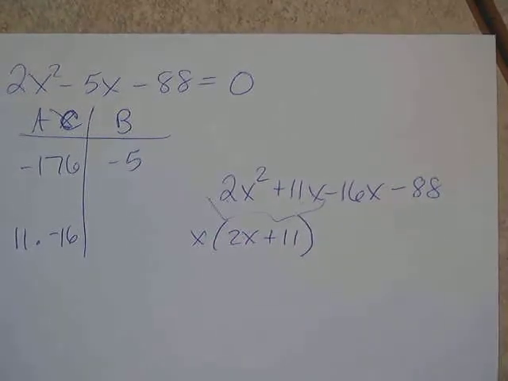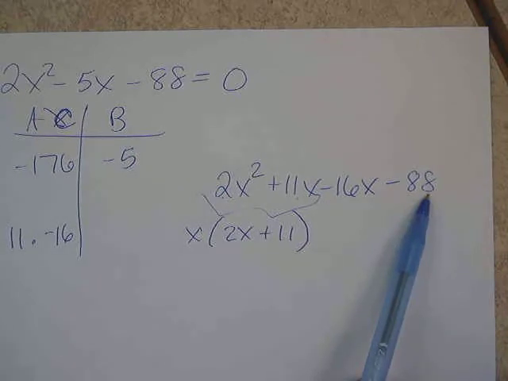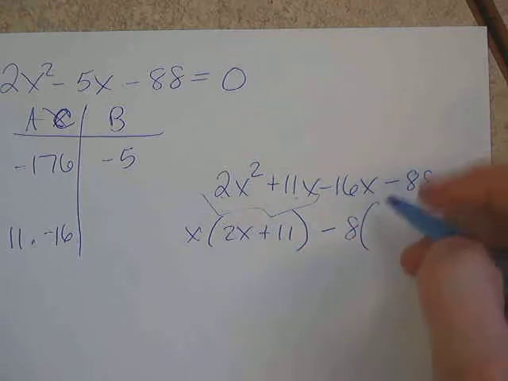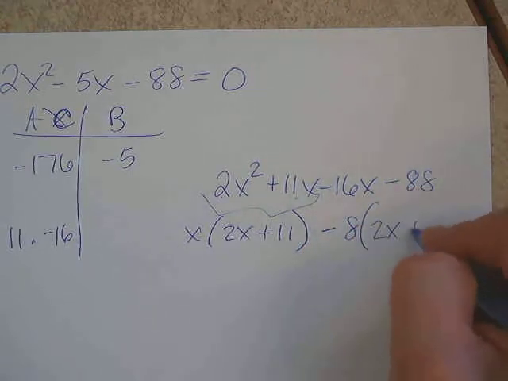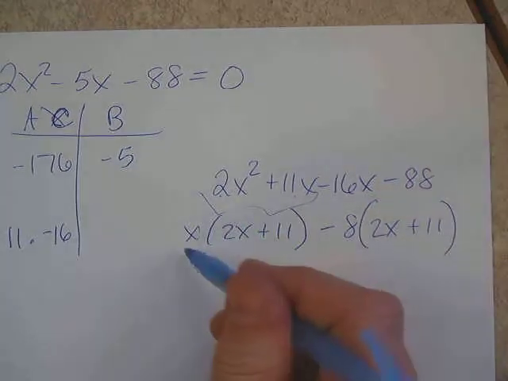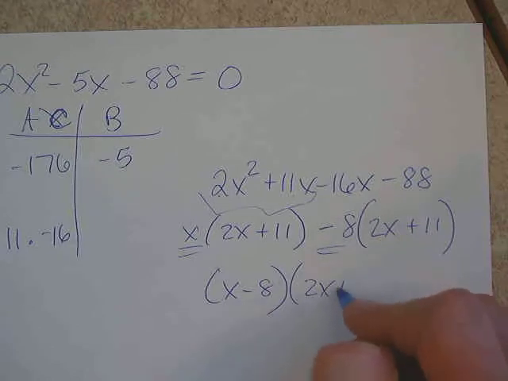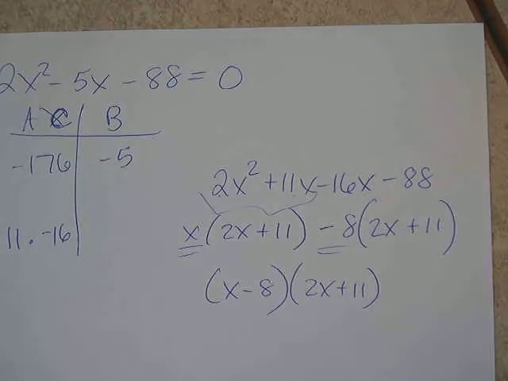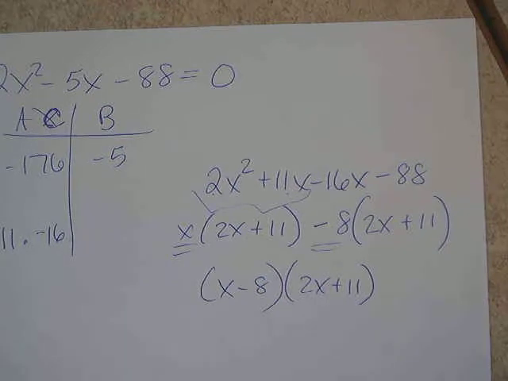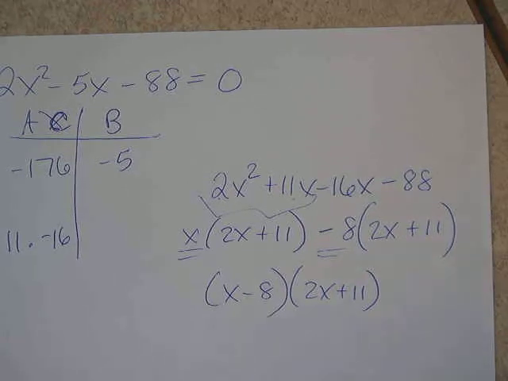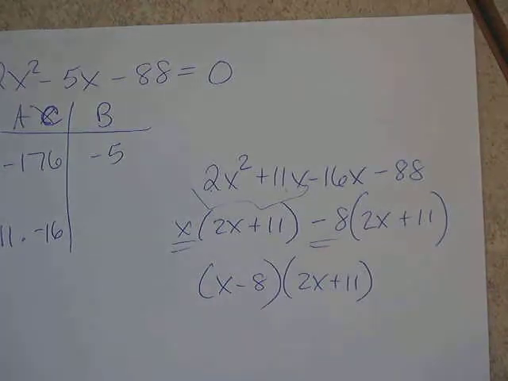If we group the first two, 2 and 11 don't have a GCF. Well, the GCF is 1, but you can still pull out the x. So 2x plus 11 inside. Negative 16 and negative 88 would be negative 8. So it would be 2x plus 11. So x minus 8 is one binomial. 2x plus 11 is the other. And you would finish it the same way we did on the other page. Set each one equal to 0 and solve, and you get the same result.